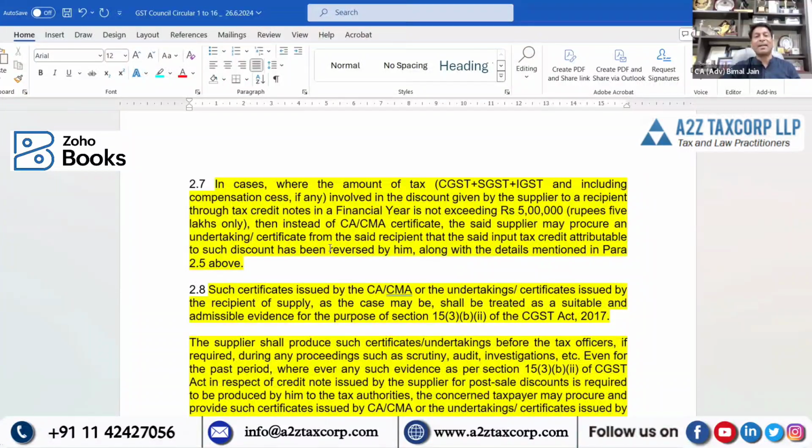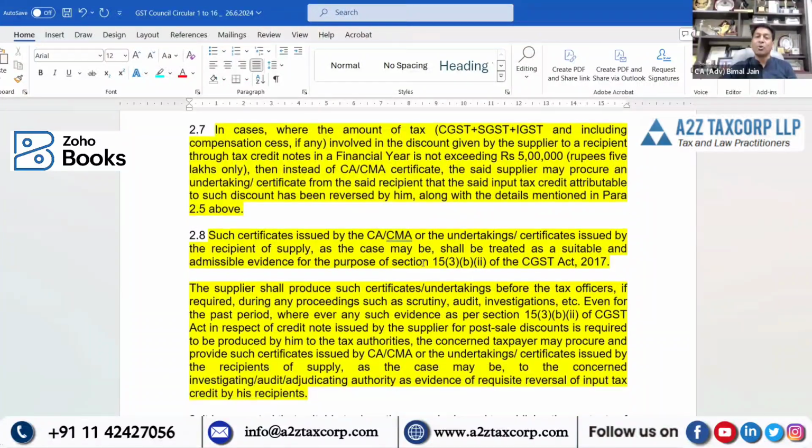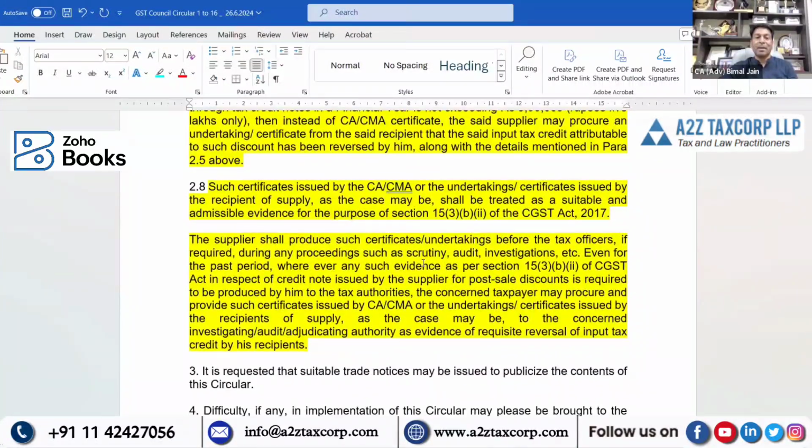Less than 5 lakh, the recipient can issue a certificate to the supplier along with the details mentioned in para 2.5 above. Now, such a certificate issued by CA, CMA or undertaking given by the recipient, as the case may be, shall be treated as suitable admissible evidence for the purpose of Section 15, subsection 3, Clause B, Roman 2 of the CGST Act, clarifying a position.